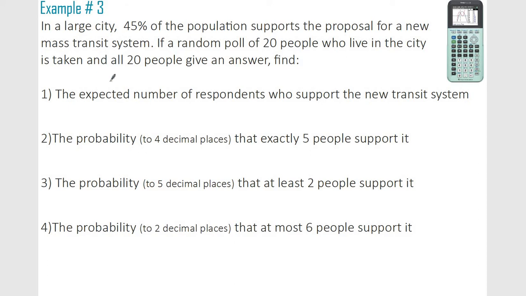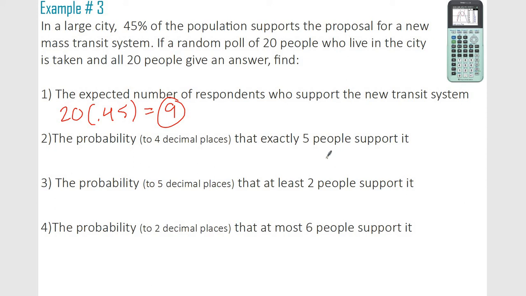Okay, so the expected number of respondents, that would be, let's see, 20 respondents, and we expect 45% to support, so that's successful. So that would be 0.45, and we would get 9. All right, next one, the probability to 4 decimal places that exactly 5 people support it.